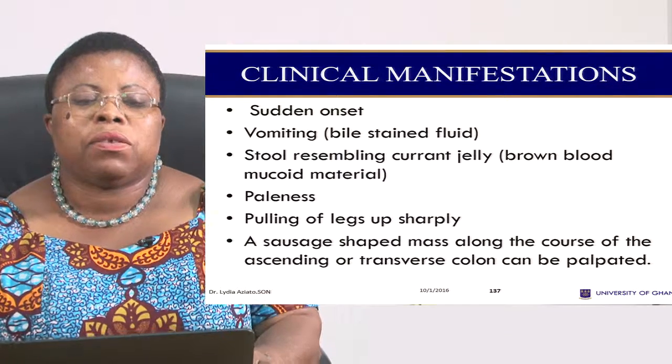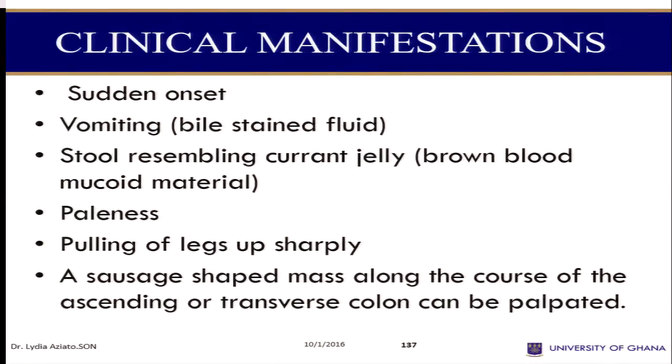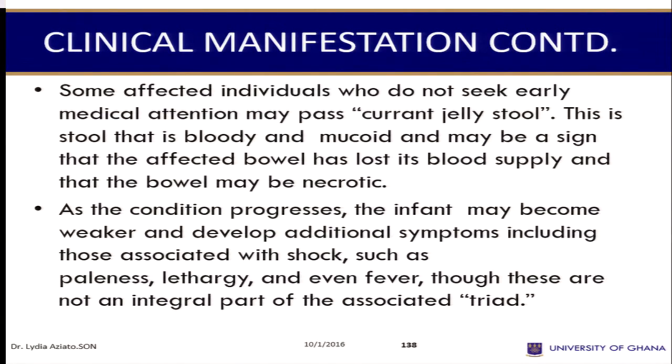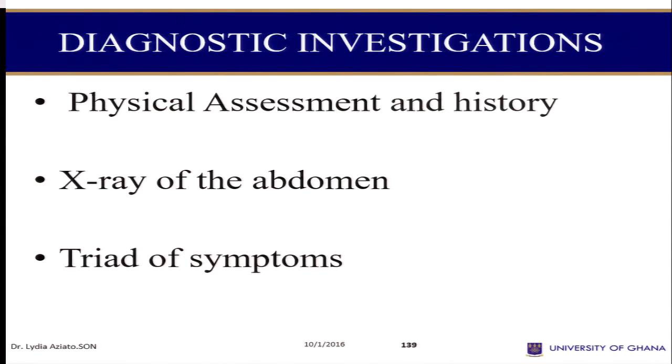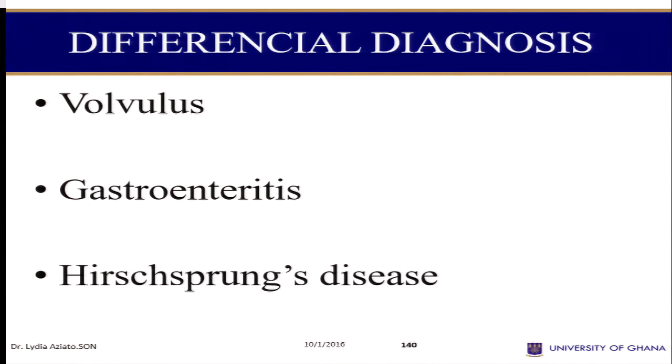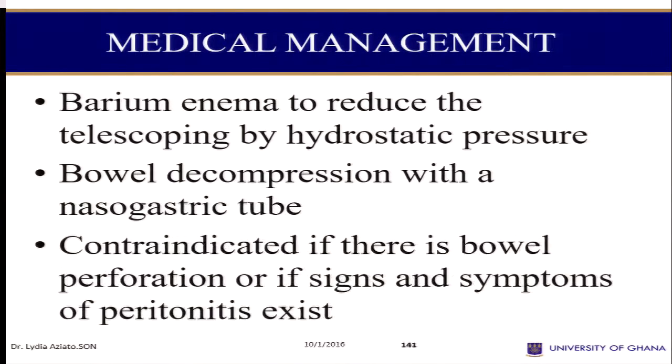The onset is usually sudden because of the acute nature of the phenomenon. The person becomes pale, pulling the legs to the abdomen. Then when you do the physical examination, X-ray and other investigations, you find that the person may have the condition. It can also be confused with volvulus, gastroenteritis, and others.